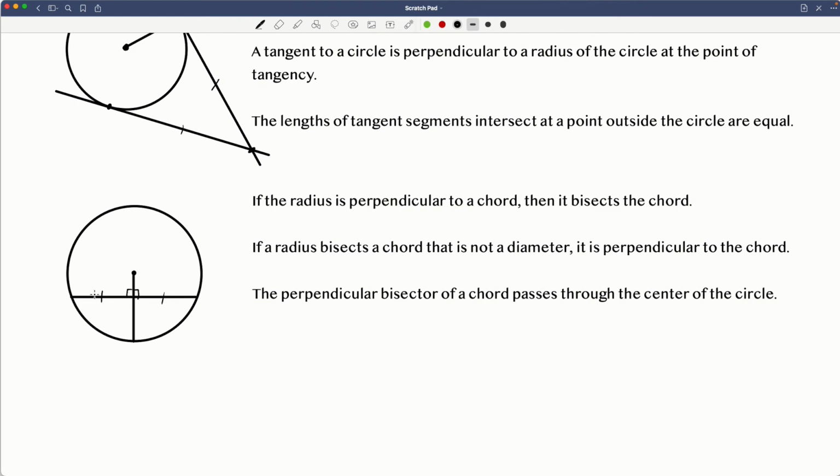And if the radius bisects a chord that's not a diameter, then these are 90 degrees and these are perpendicular. So these two work together. And the perpendicular bisector of a chord passes through the center of the circle, which we know the radius at least goes to the center. So all of these kind of say the same thing here.